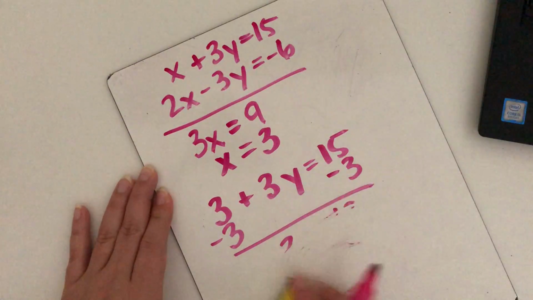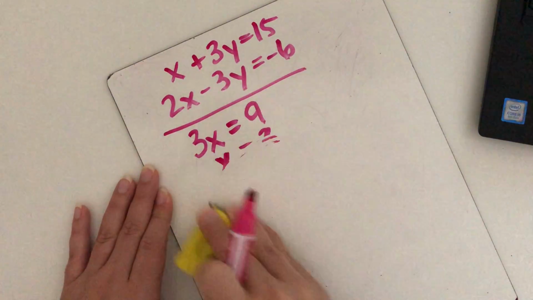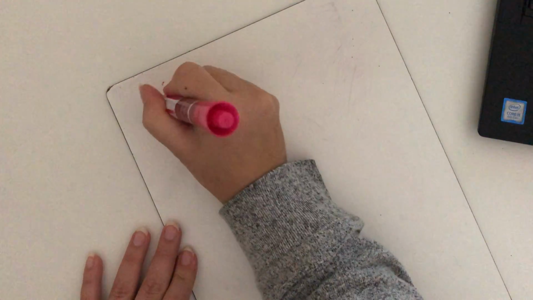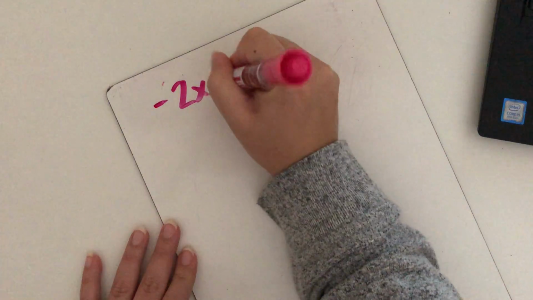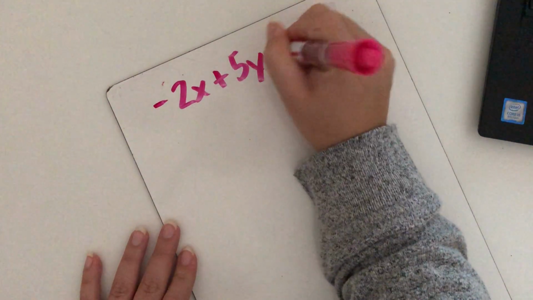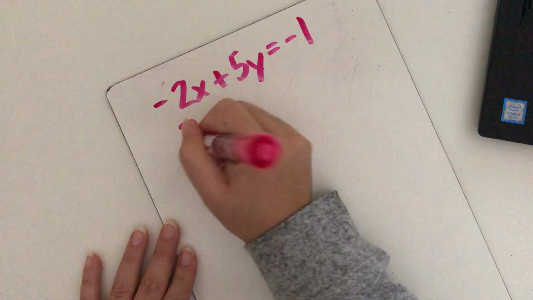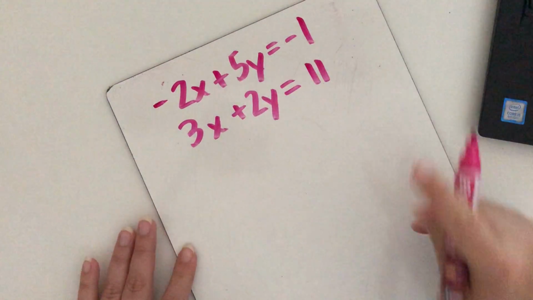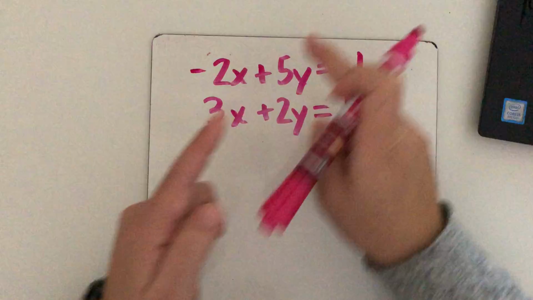Okay, so now we're going to do one that deals with multiplication. So I'm going to need to multiply first before I can eliminate a variable. So I have negative 2x plus 5y equals negative 1. Then I have 3x plus 2y equals 11. So none of these are the same.